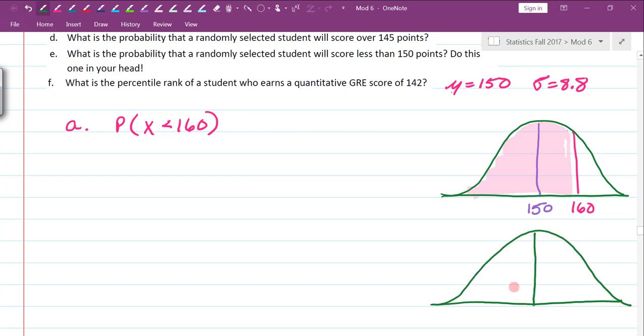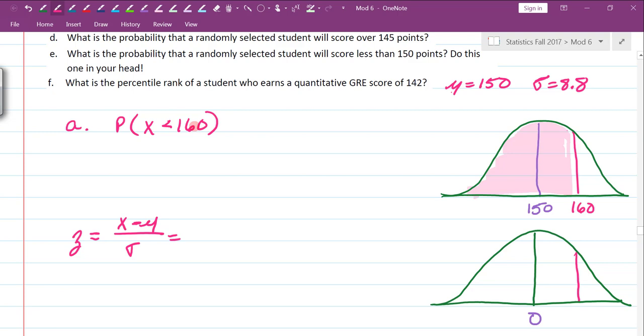And once we do that, we end up with our mean is 0. And we don't know yet what this value is. We have to standardize 160. Then we'll know what the z-score is, and that z value we'll put right here. So our formula for z is equal to x minus mu divided by sigma.